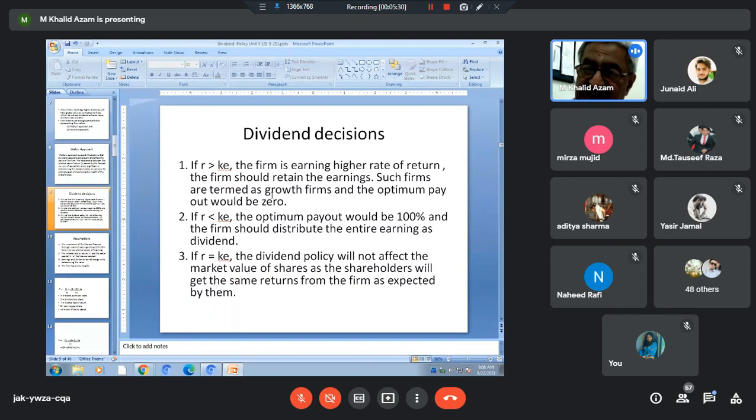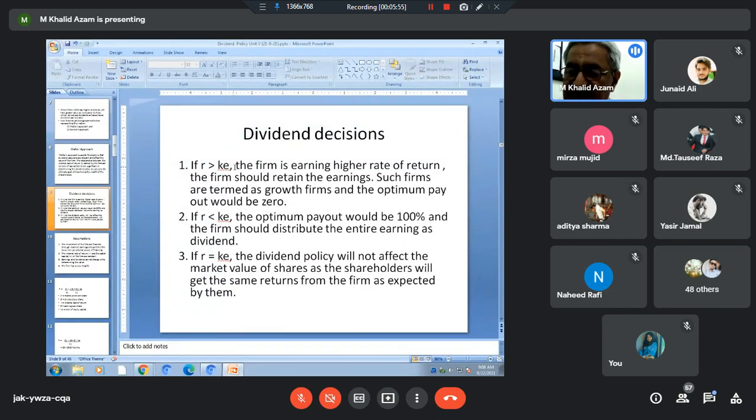Now see what he wanted to prove, that should be clear. He says that whether you pay dividend or you do not pay dividend, that is going to affect the valuation of the firm. For the purpose of understanding the valuation of the firm, the firm value is determined on the basis of the value of the equity share.